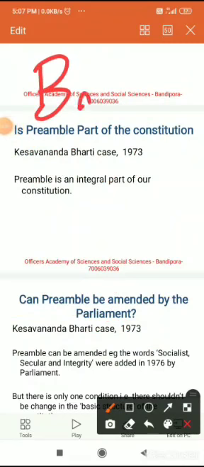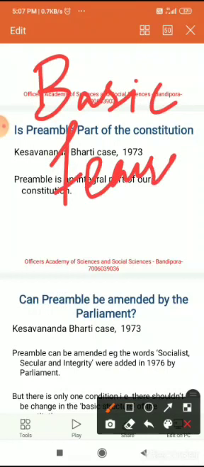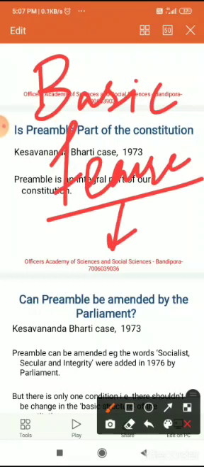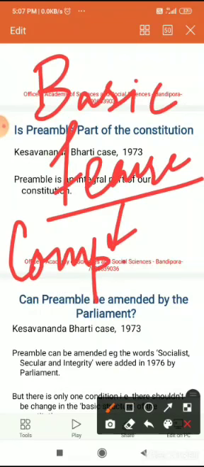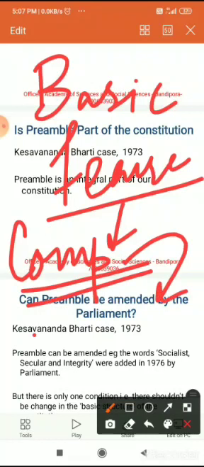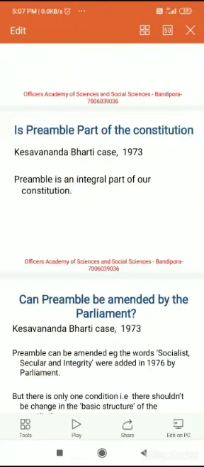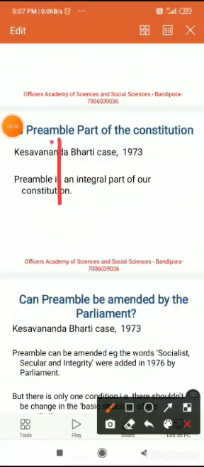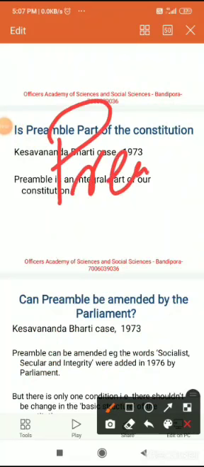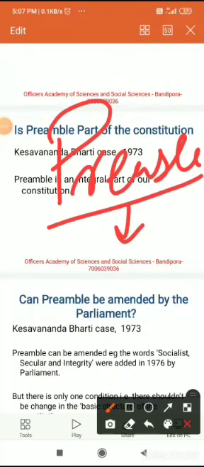Basic feature means those components of our constitution which form the essence of our constitution. For example, Supreme Court has itself said that preamble is the basic feature of our constitution.